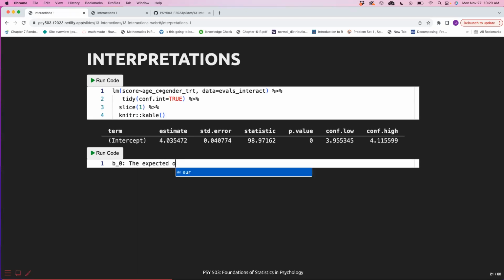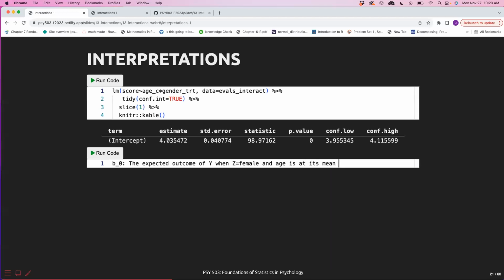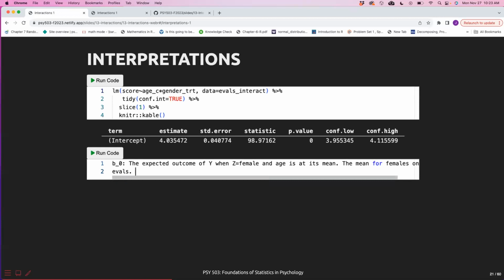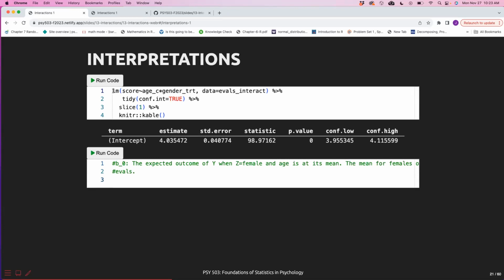So it's the expected outcome of y when z is female and age is at its mean, right? So this is essentially the mean for females on evals. And we can test this by using m-means to look at the means for the gender condition. So let's go ahead and do that.